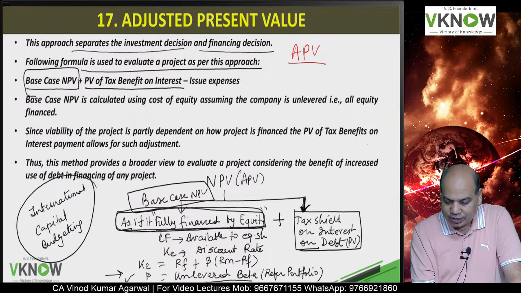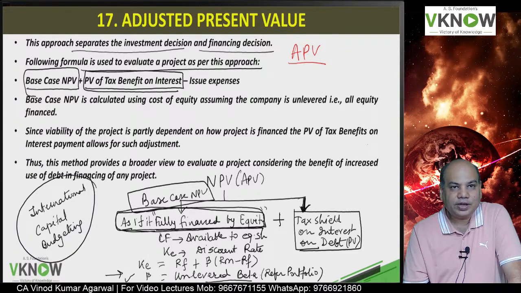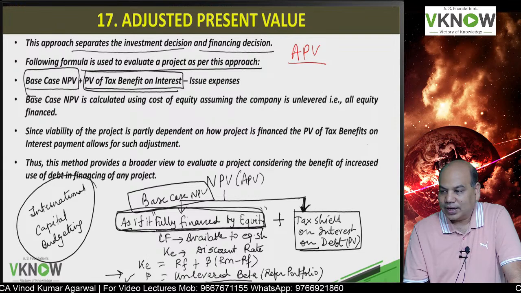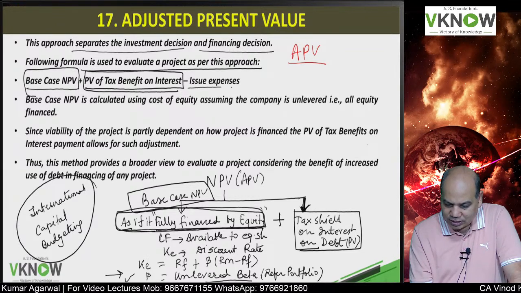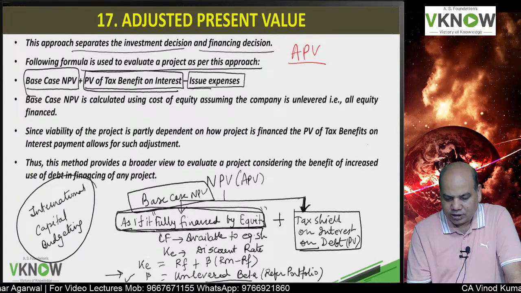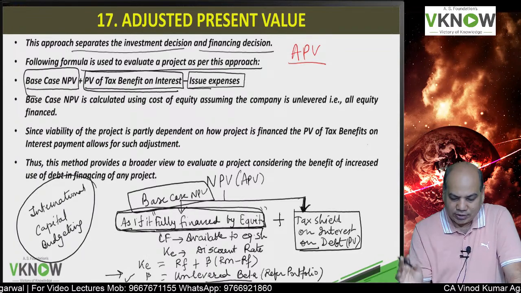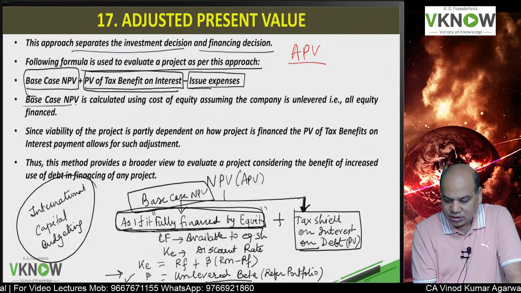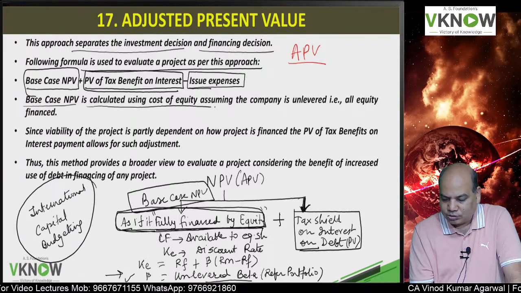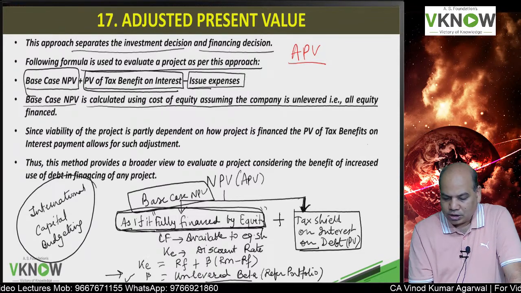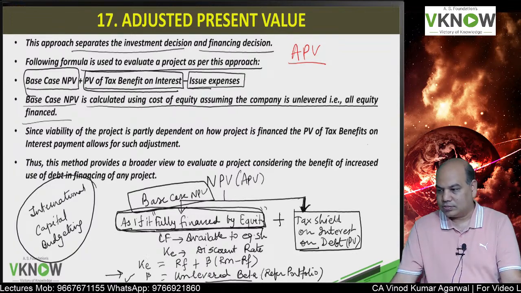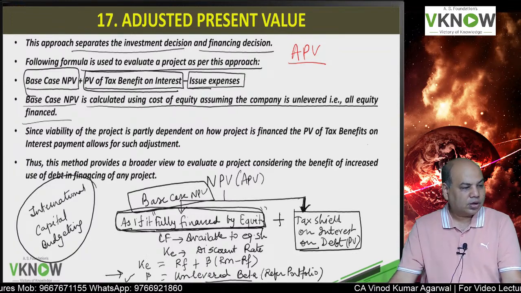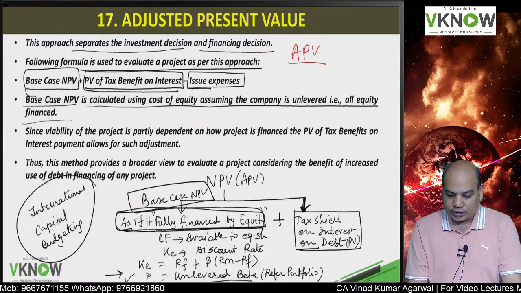But if you are using debt, then the PV of tax saving on interest on debt will be considered, minus any issue expenses, if any. Base case NPV is calculated using cost of equity, assuming that the company is an unlevered firm. Unlevered firm means no use of debt.